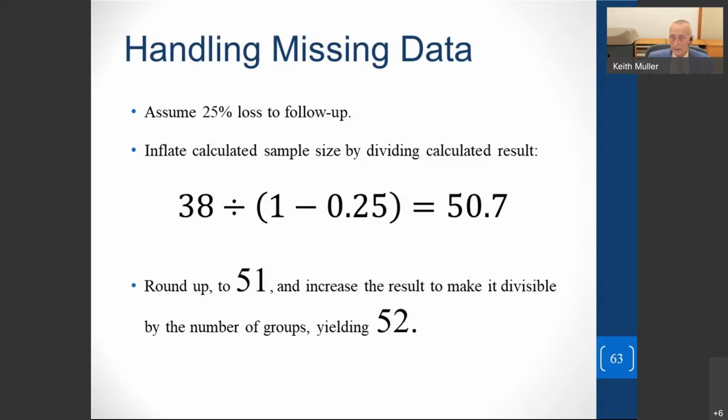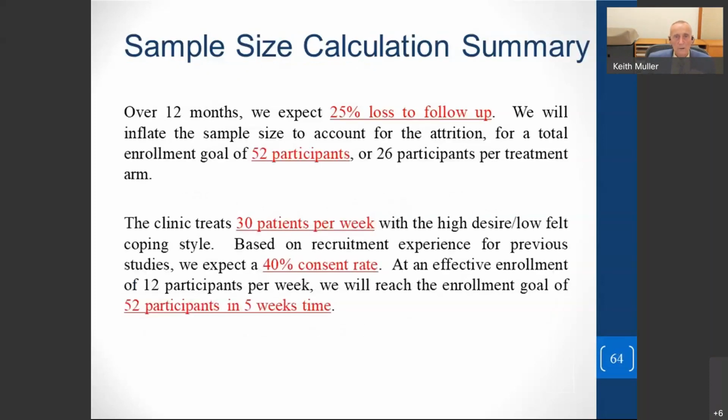As an NIH study section reviewer, explicitly making this paragraph present would give me comfort that you are proposing a study that's likely to succeed. And so you would write this up in the grant proposal in the following way. 25% loss to follow-up means that in order to achieve the power that we want, we're going to start by enrolling 52 participants.